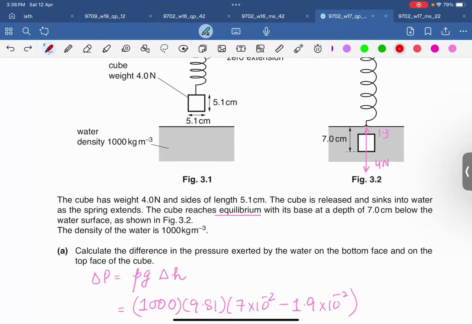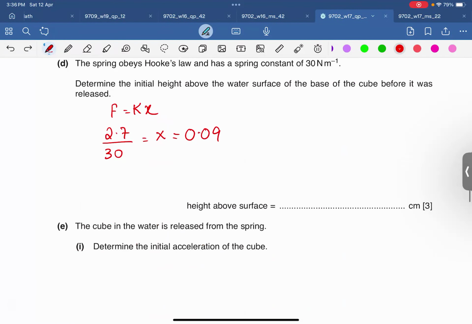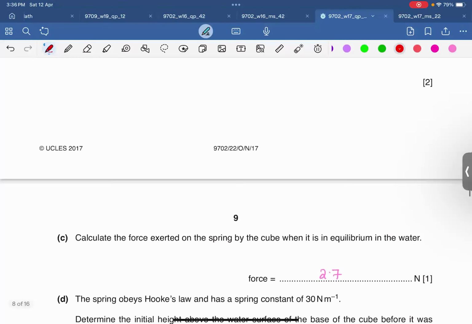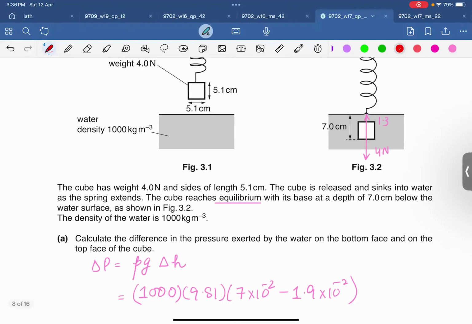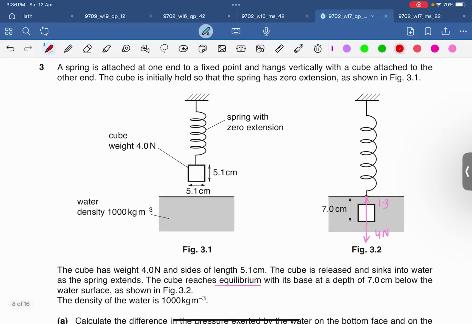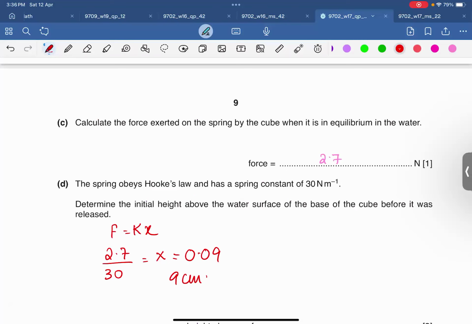Okay, fine. Now, so it's basically 9 centimeter. So this is the 9 centimeter, and when you subtract it from the original length, which is... wait. So this means, determine the initial height above the water surface of the base of the cube before it was released.